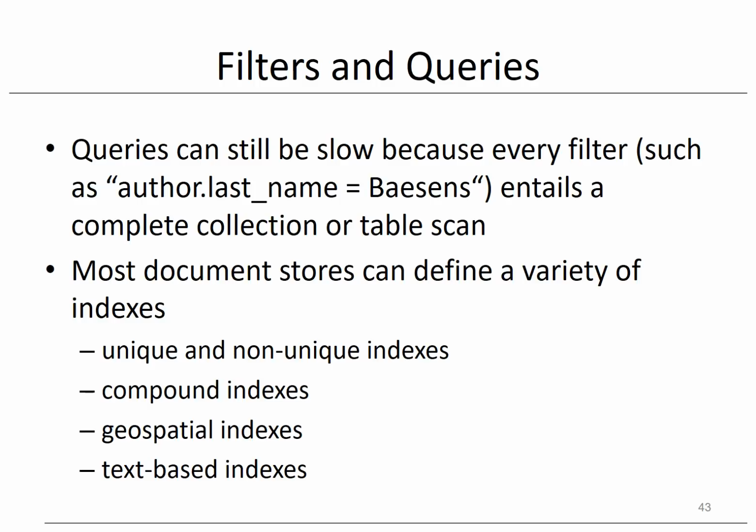Most document stores can define a variety of indexes, including unique and non-unique indexes, compound indexes which are composed of multiple attributes, and even specialized indexes such as geospatial indexes, when an attribute represents geospatial coordinates, or text-based indexes when an attribute represents a large text field.